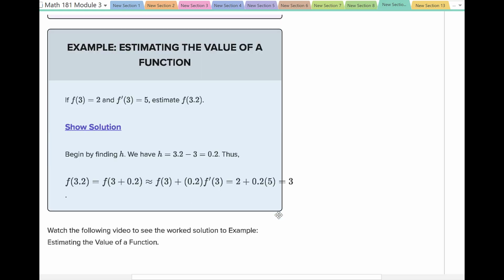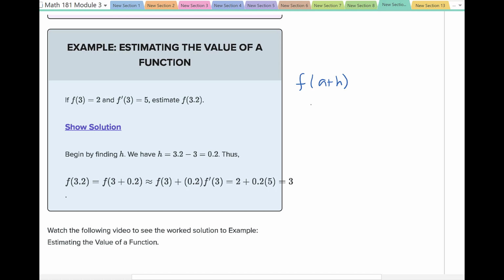So we have an example like this, where f of 3 equals 2, and f prime of 3 equals 5, and we want to estimate f of 3.2. We do this by saying, okay, that h that we're talking about, f of a plus h.